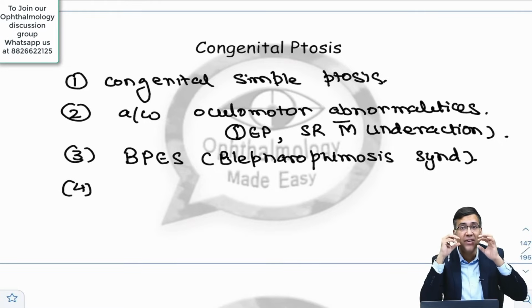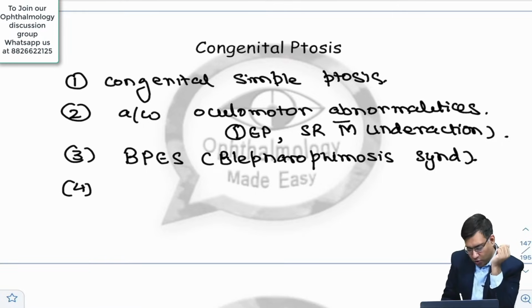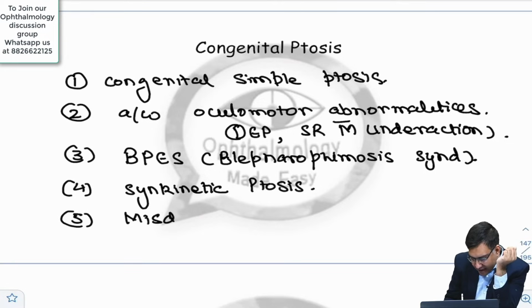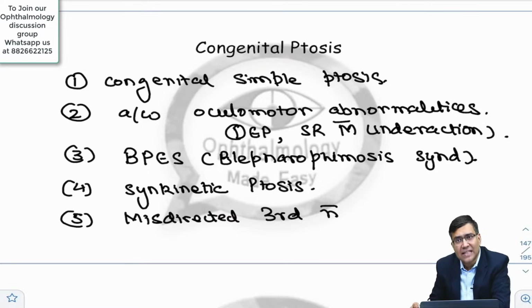So you may have a ptosis which improves on opening the jaw. This is basically called synkinetic ptosis. Okay, and we can have it sometimes because of the misdirected third nerve. So these are some causes of congenital ptosis.